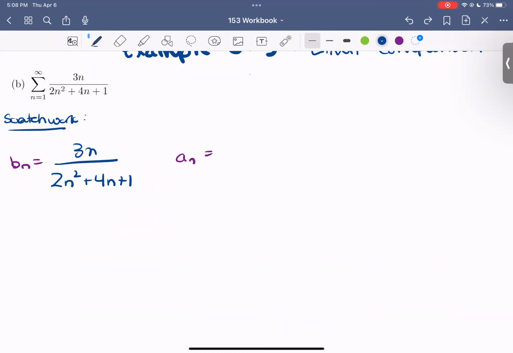Okay, so in the numerator, the largest term is that n. So 3 is just a scalar, it's not too much to worry about, but n is that dominating term. So n will go in the numerator of our test series. And in the denominator, the loudest or biggest term is that n^2. So in our denominator, we're going to use n^2.